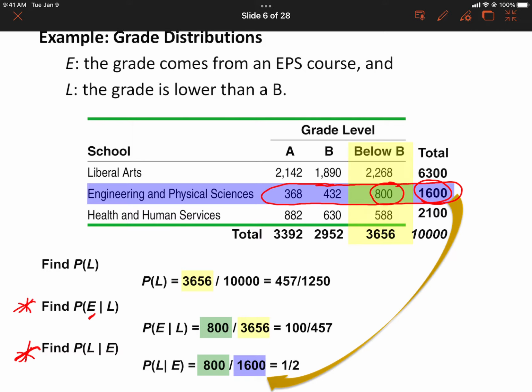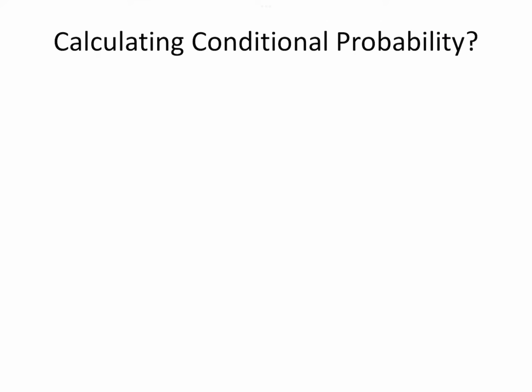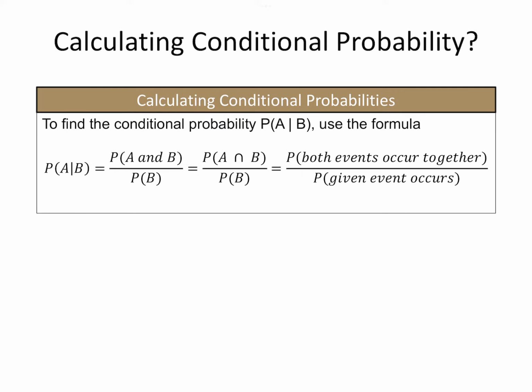Along with two-way tables, we can look at calculating conditional probability on its own with a formula. So when we're calculating conditional probability, the probability of A given B, here's our formula. The probability of A given B is the probability of A and B over the probability of B. That's our other notation, just because we learned two different notations.